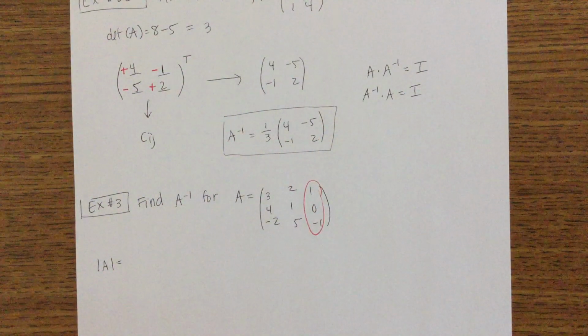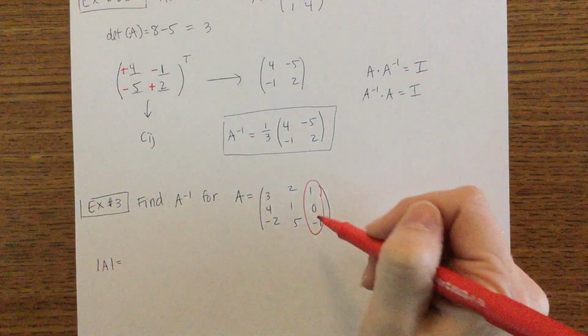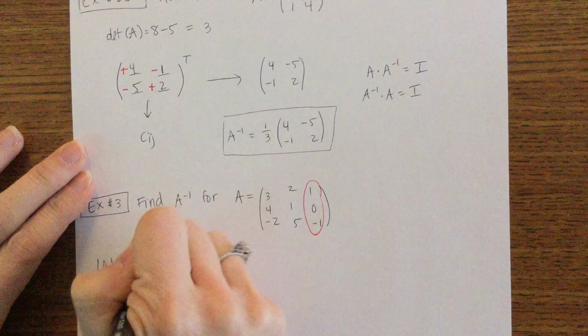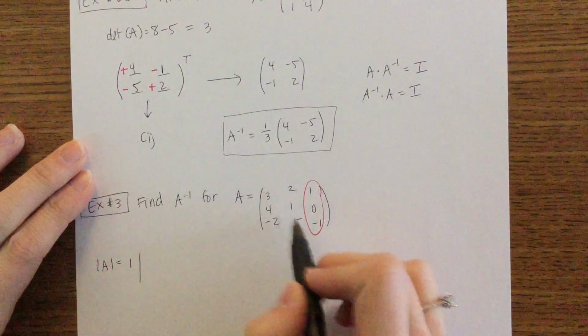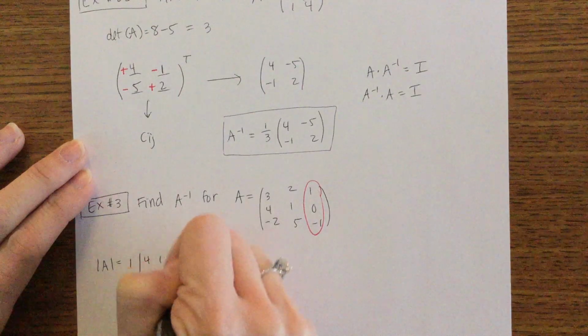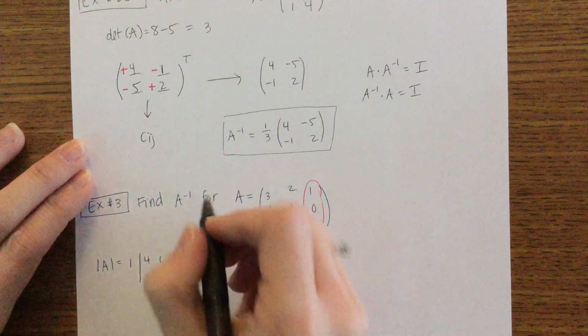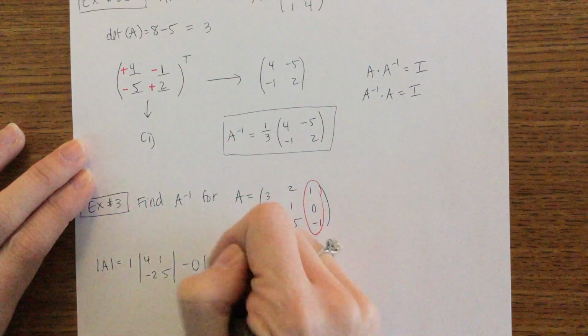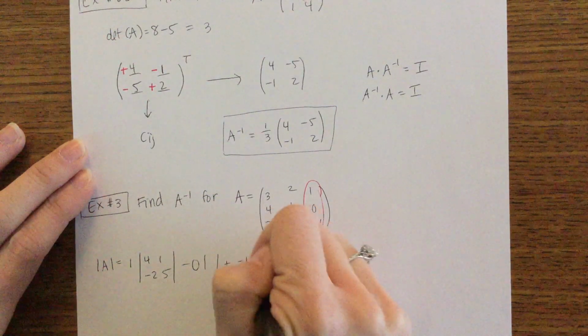So you can choose any row, any column. I'm going to choose this column because I have a 0 then, so I have less work to do. So this will be 1, and then ignore row and column, times the determinant of the remaining matrix, minus 0 times the determinant, I don't care though, that's going to give me 0, plus -1.